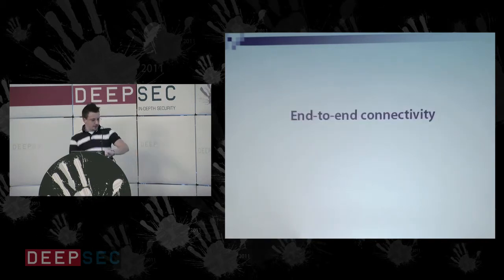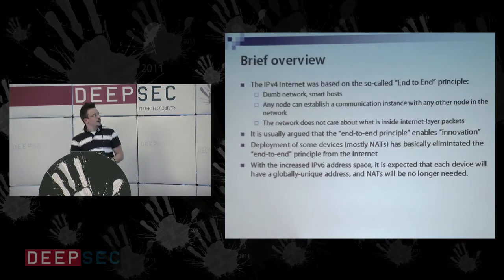So a couple of comments about end-to-end connectivity. As a brief overview of our introduction, the idea is that the IPv4 internet was based on a core principle that is usually referred to as the end-to-end principle, which basically says that the network itself is dumb and all the intelligence is implemented at the extremes of the network, on the hosts.